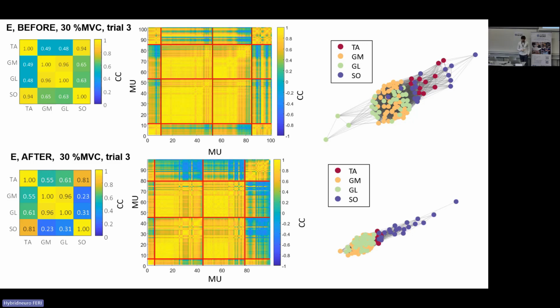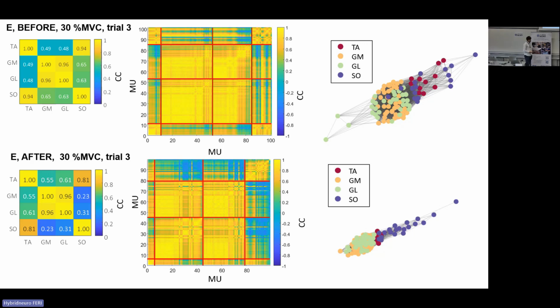And the next thing is that if we apply the same methodology on the signals from after the bed rest, we can see that, for example, between the gastrocnemius lateralis and soleus, some new motor unit clusters are forming up.